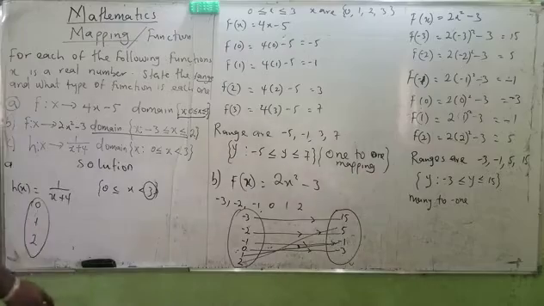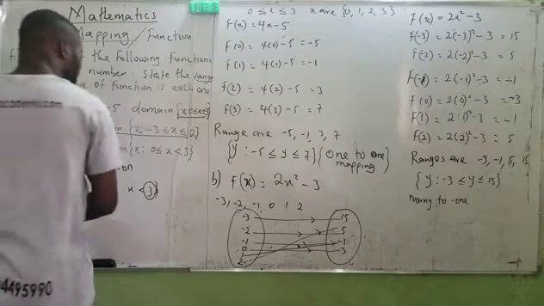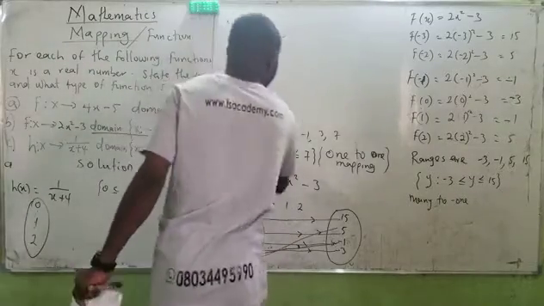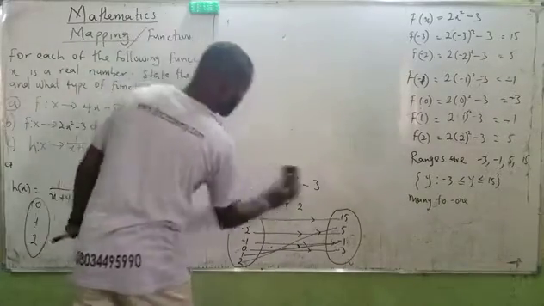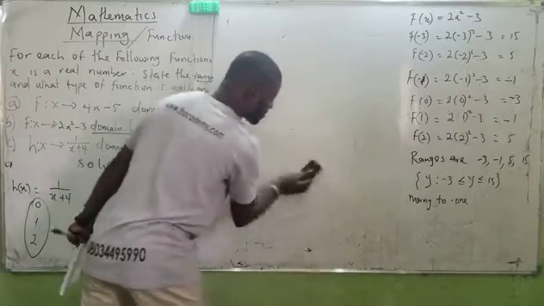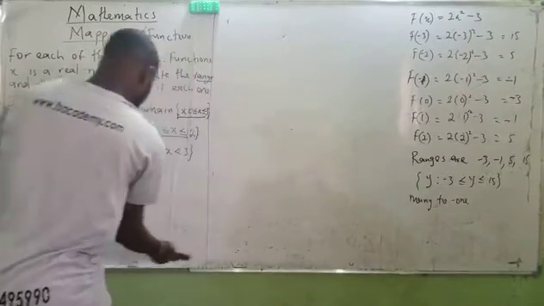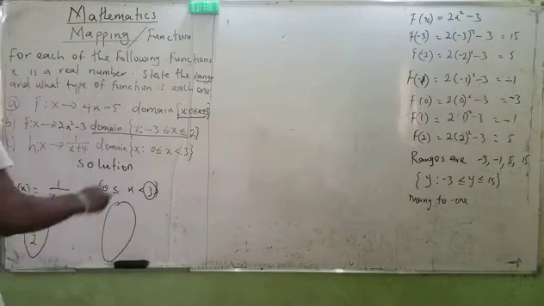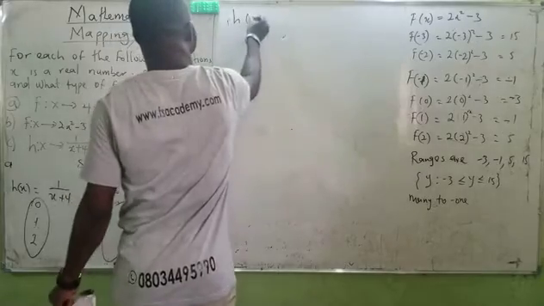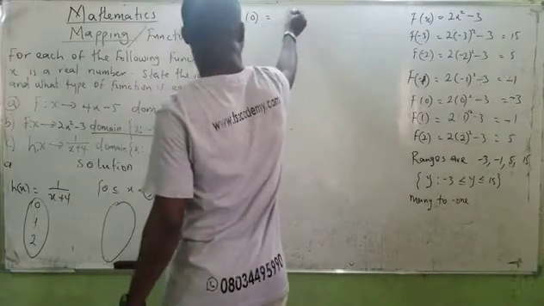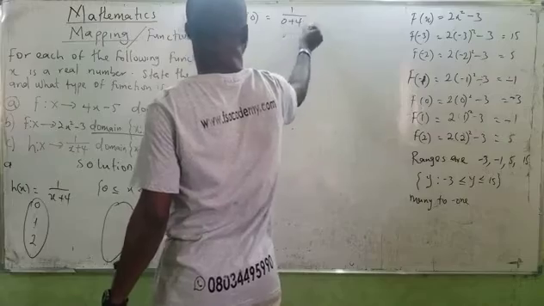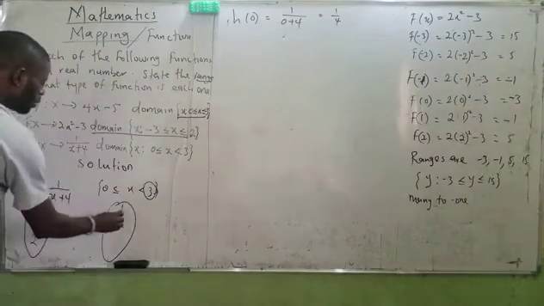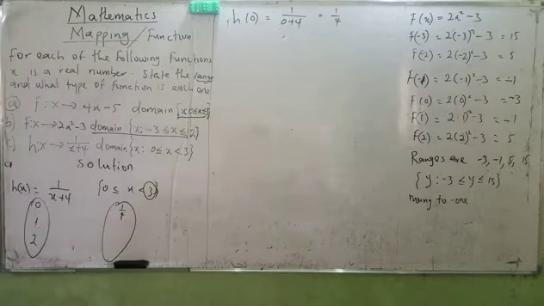Now, I will move on, don't forget the functions. Let me just grab this part. I need to rub this place. Now, h of 0 will be equal to what? 1 divided by 0 plus 4, which is 1 all over 4, same as 0.25.